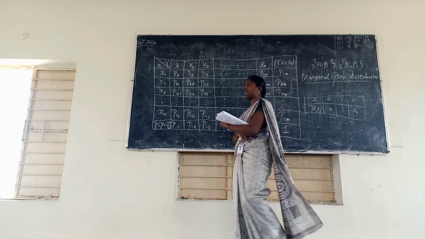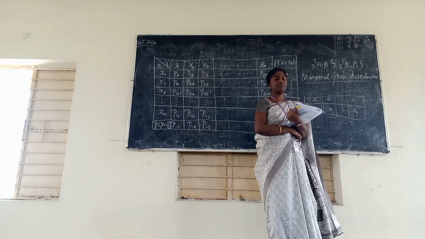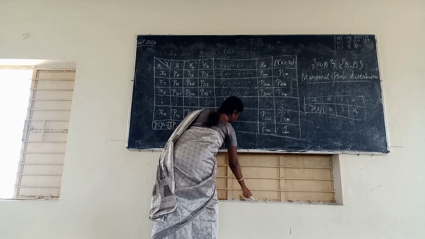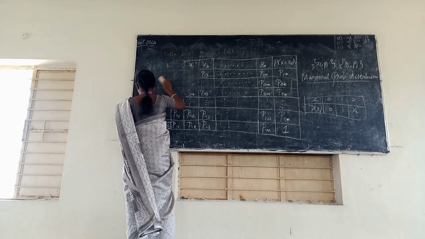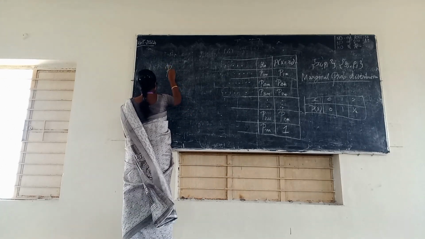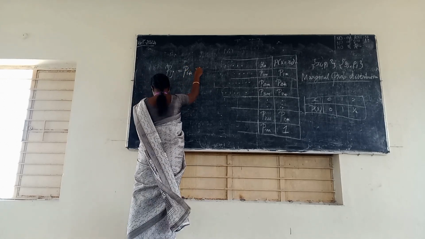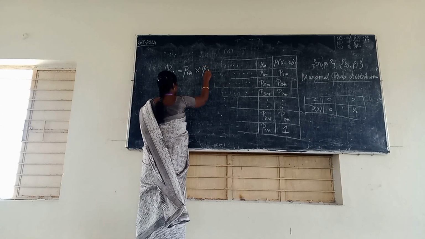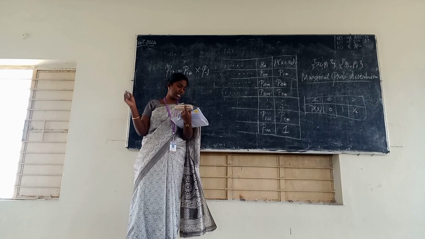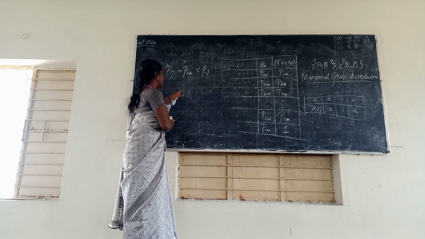The random variables capital X and capital Y are said to be independent random variables if Pij equal to Pi star into P dot j. What is this, Pij?